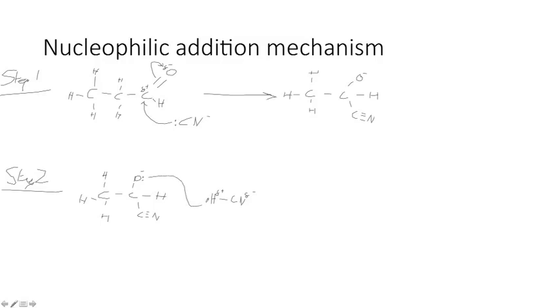So it attacks our hydrogen, pops this bond, and therefore we get our final product, which will have both our OH group on and our cyanide group on, making our hydroxynitrile.